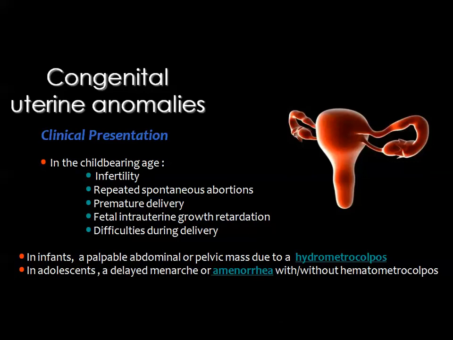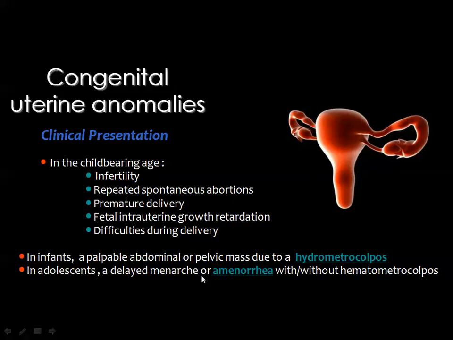Then the anomalies will present clinically according to the age of the patient. In the childbearing age, the patient may present with infertility or spontaneous abortion or premature delivery or fetal intrauterine growth retardation or difficulties during delivery.